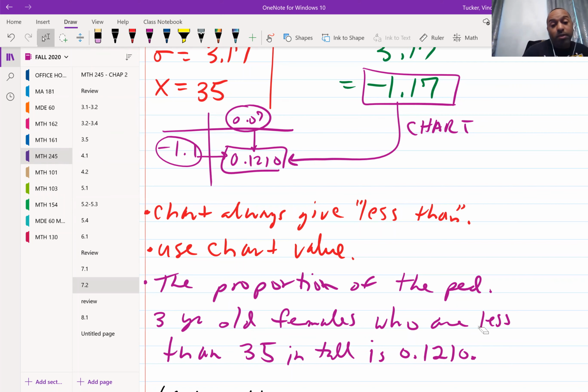Questions? Once again, the chart always gives you less than.